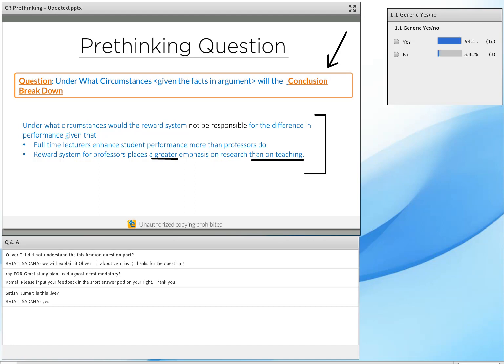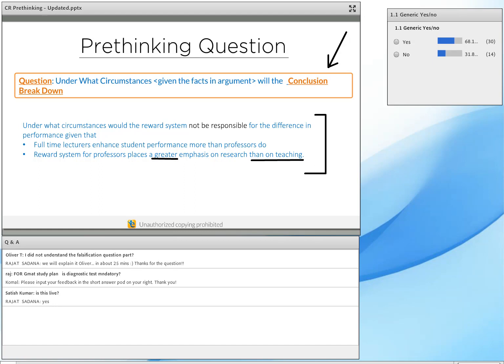Because how you formulate this is the key. This is the pre-thinking method, by the way. If you get this, you have the pre-thinking method. And for those of you who are saying no, if you can put your question in the Q&A pod, that would be great, as to why you're saying no.